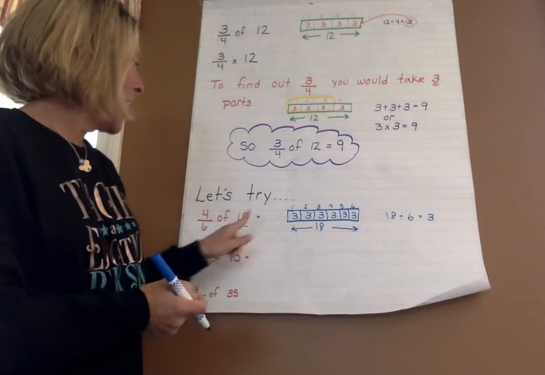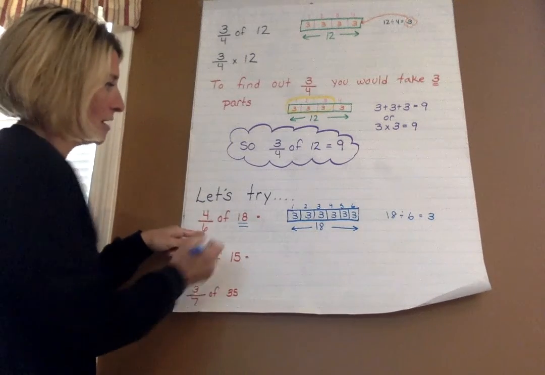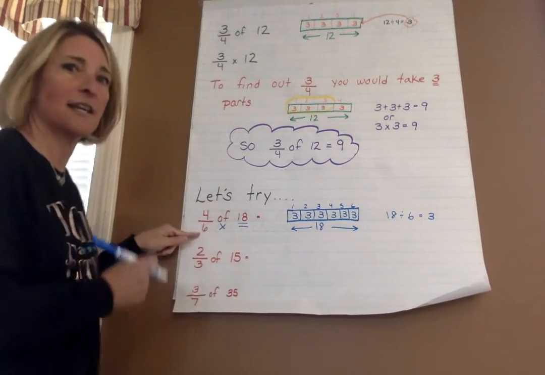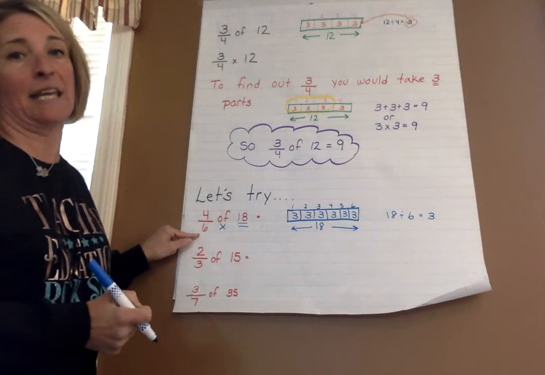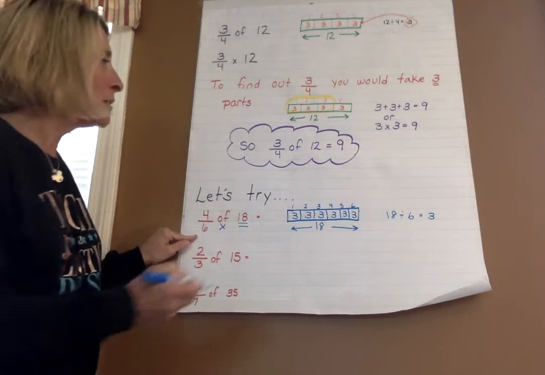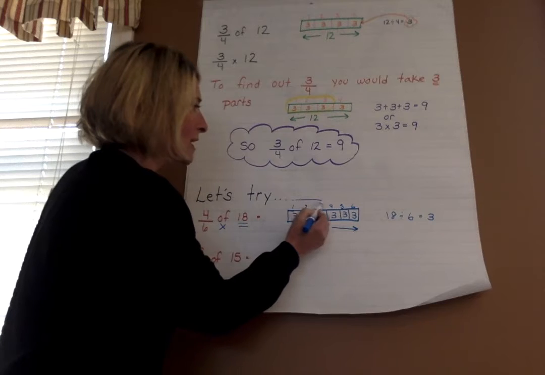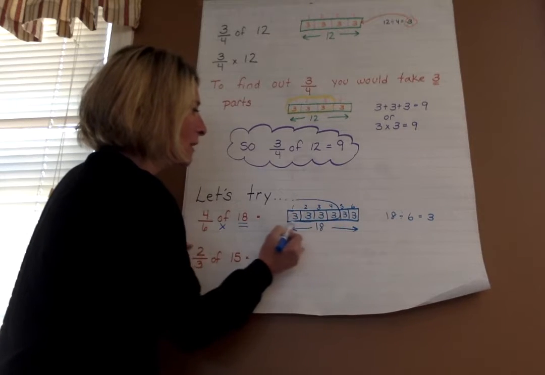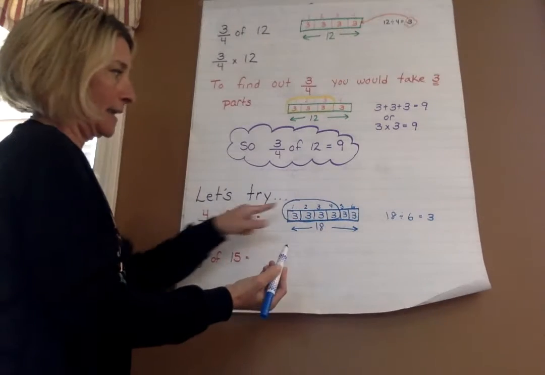So now I want to know what 4/6 of 18 or 4/6 times 18 is going to equal. So I have to go to all 4 sections, 1, 2, 3, 4, and I could add them up.